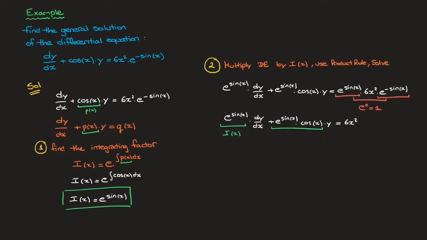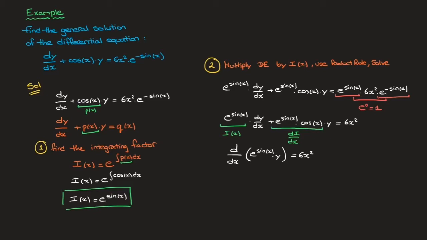So the expression I underlined in green here is in fact dI/dx. And since I is multiplying dy/dx and dI/dx is multiplying y, we can see that what we're dealing with here is a product rule. And we could write that left-hand side as the derivative with respect to x of e to the sine of x times y. And that's equal to 6x squared.